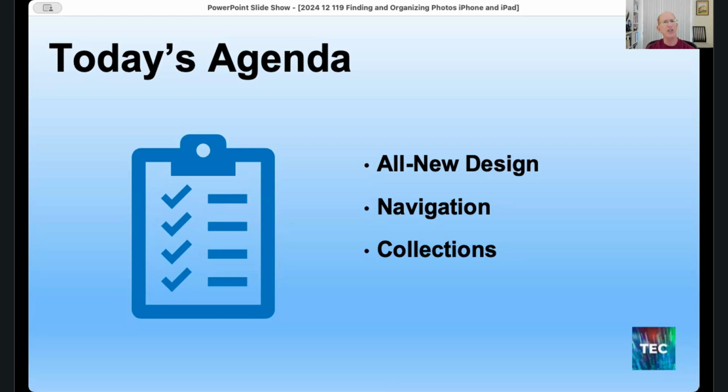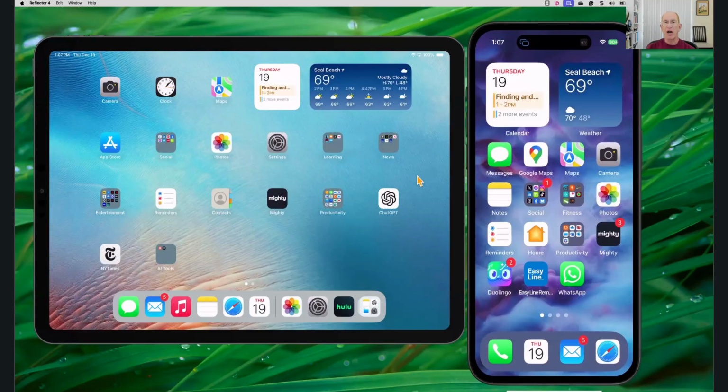Think of a collection as an album of photos that Apple creates for you automatically, based on information it can deduce from the photos or things you might have input about them. And we're going to talk about how to customize and reorder the layout of the design, because they do give you some customization tools.